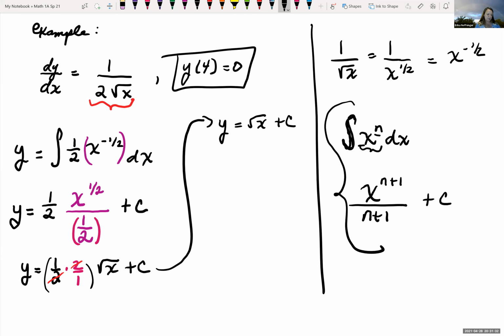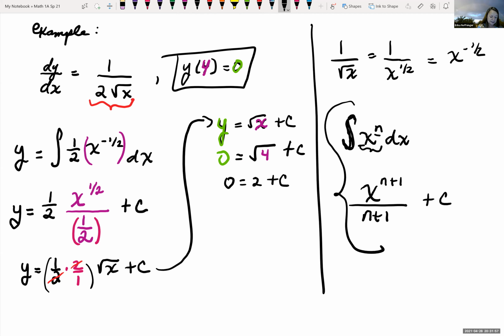So let's plug in what we have. We know that when x is 4, y is 0. So we get 0 is equal to the square root of 4 plus c, so 0 is equal to 2 plus c.